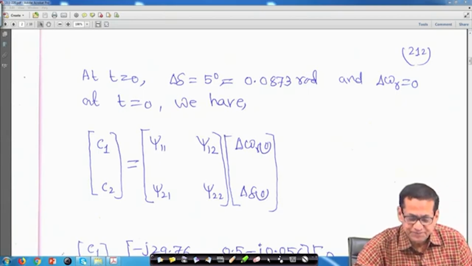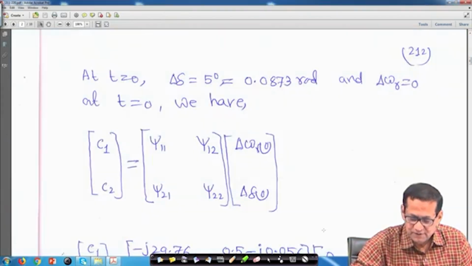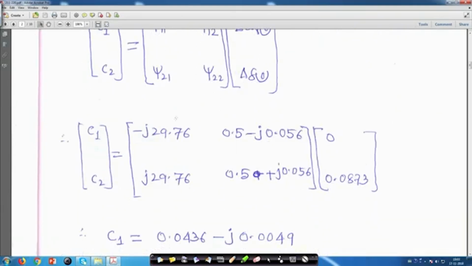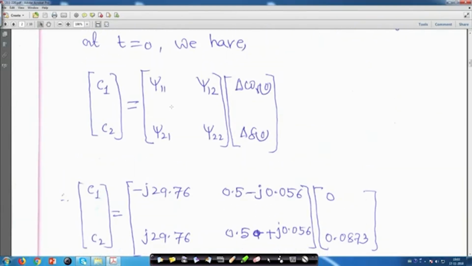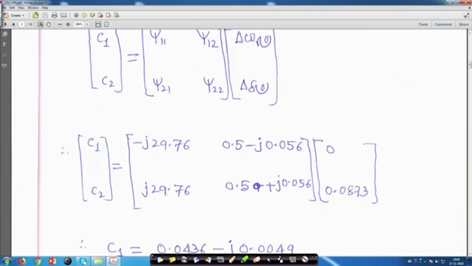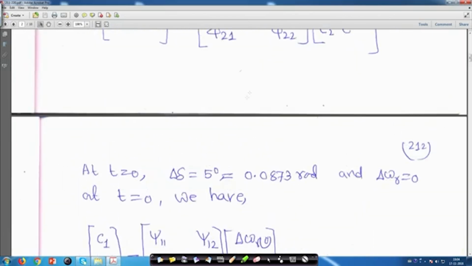If you do so, then it will become: we got this psi matrix, the left eigenvector. So, it is minus j 29.76, 0.5 minus j 0.056 and this is j 29.76 and 0.5 plus j 0.056, and the initial values at t is equal to 0 are delta omega 0 and delta 0.0873 radian.